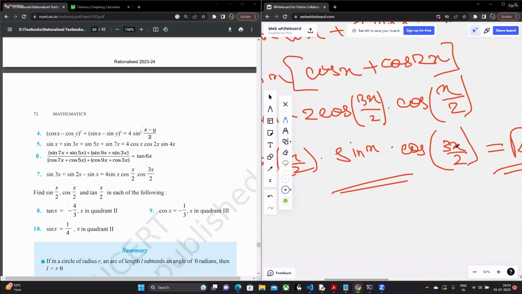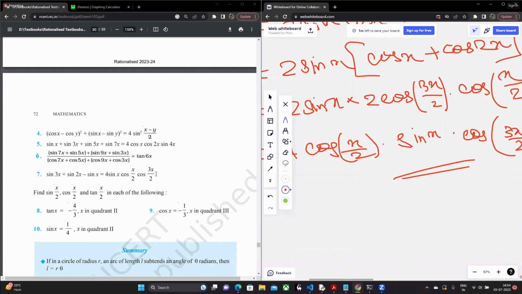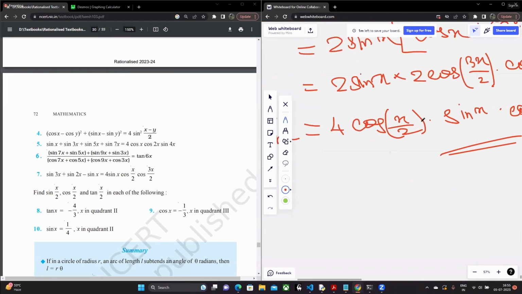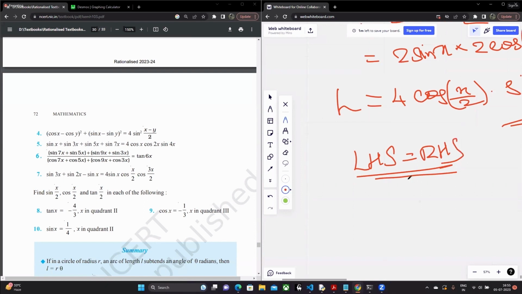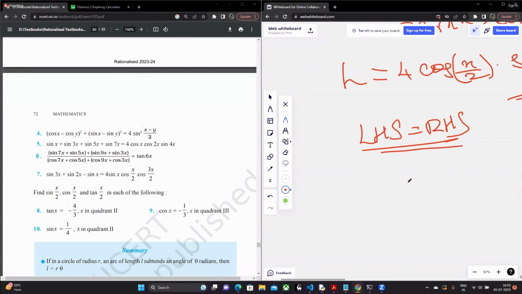That's what I've written. If you want to write it as sin x cos x by 2 cos 3x by 2, go ahead. If you want to write it as cos x by 2 sin x and cos 3x by 2, go ahead. There's not really a big difference. Cool. So you can state that LHS is equal to RHS. Therefore, I have to state it.